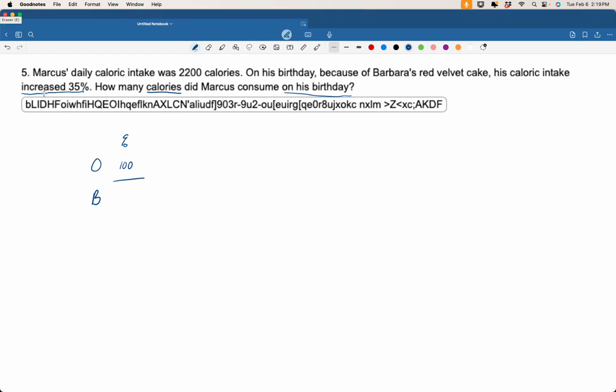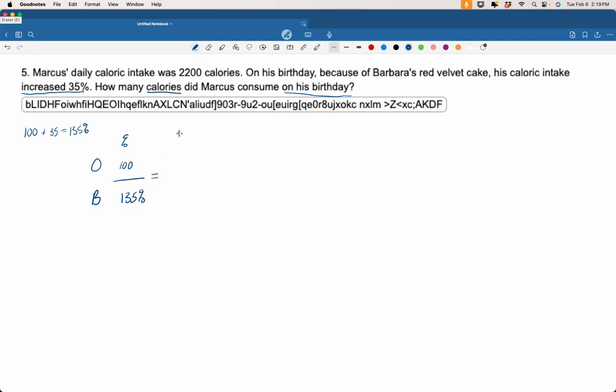We know that the amount increased 35%. So 100 plus 35 is 135%. This is the total amount that he had. It's not the amount of increase. This is the total amount of calories compared to his original amount.